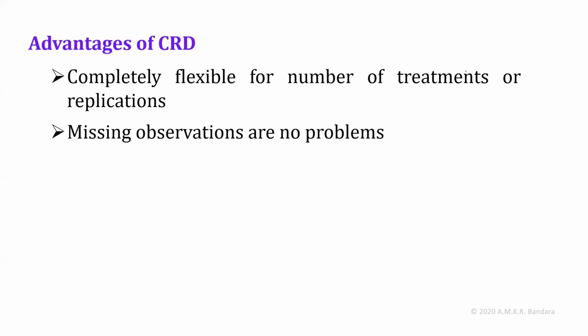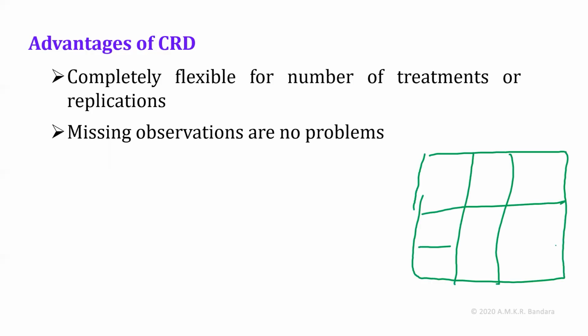Sometimes when you are conducting your experiment, some animal may die, or some plot may be damaged by animals. So you cannot get this reading, and it will be missing. In the CRD design, even if there are a few missing observations, it will not be a problem. You can analyze the data.